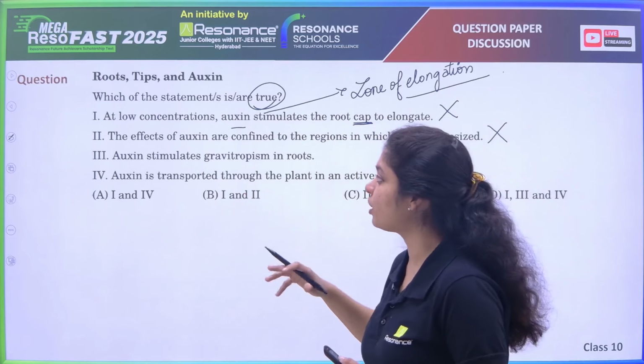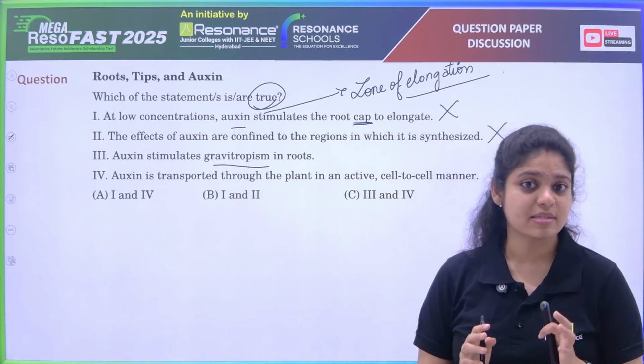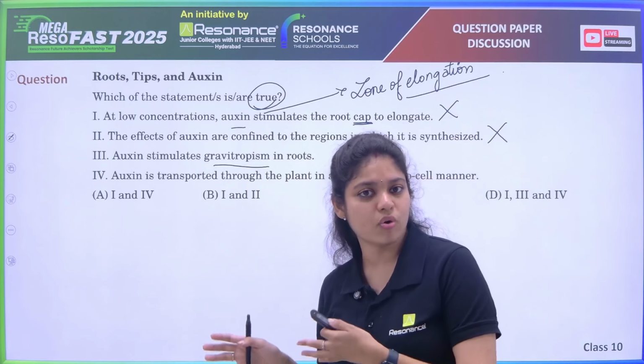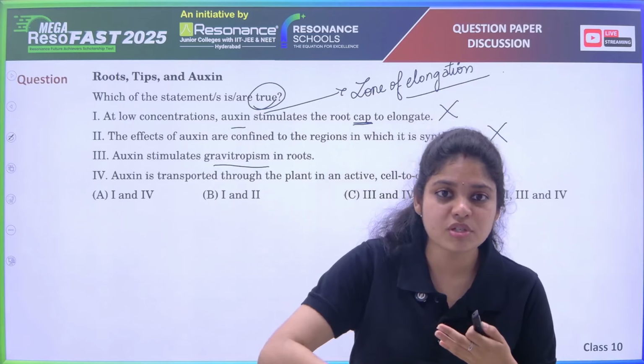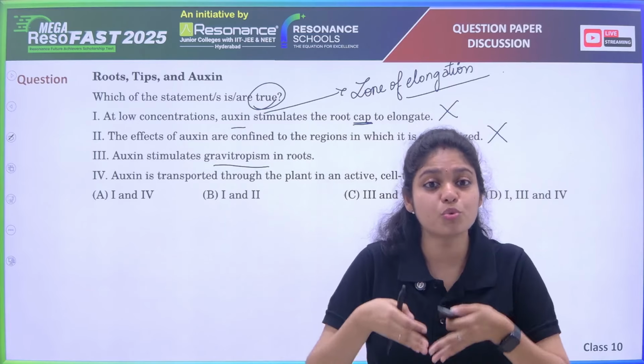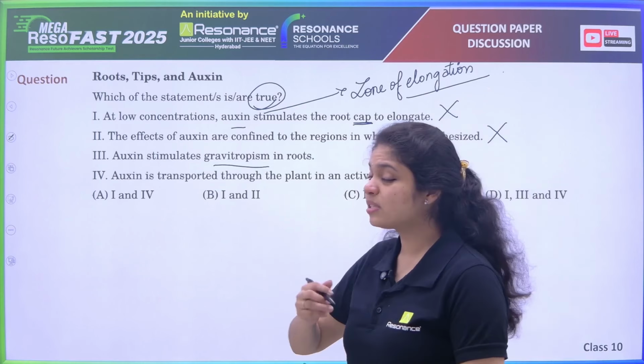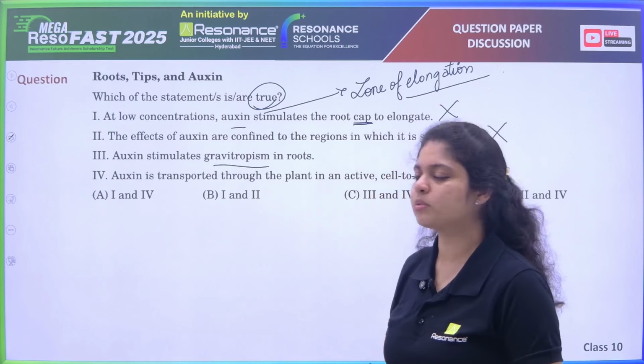Coming to statement 3, auxin stimulates gravitropism in roots. Yes, due to the presence of auxin, roots show positive geotropism towards the ground. That is because of the auxin. Auxin stimulates gravitropism in roots.